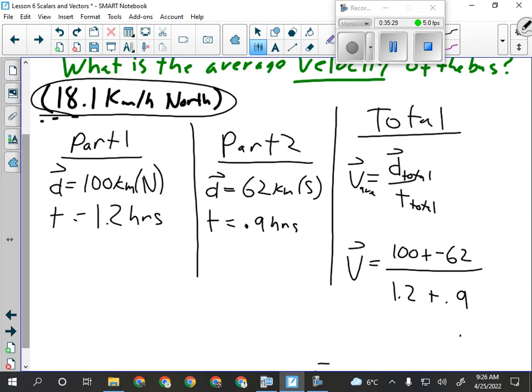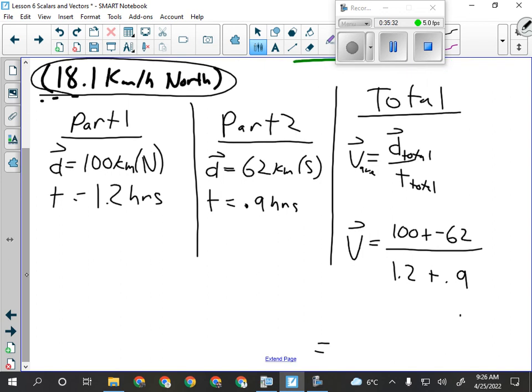So what I end up with here is that I have V equals 38 kilometers north, because 100 plus negative 62 is 38. And then divided by 1.2 plus 0.9, which should be 2.1 hours.